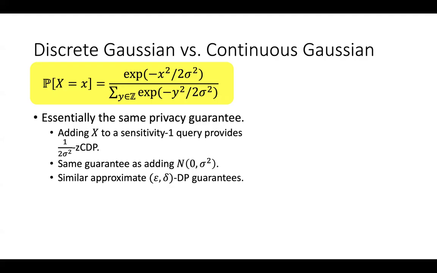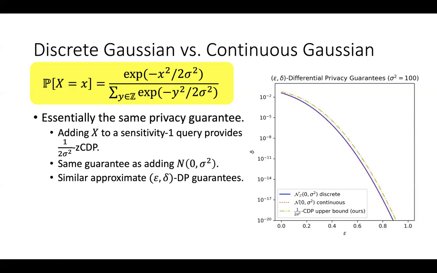To be specific, if you add noise to a sensitivity 1 query, then you're going to get concentrated DP with parameter 1/2 sigma squared. This is for discrete Gaussian, and it's also the same guarantee you'd get for continuous Gaussian. In terms of approximate epsilon-delta DP guarantees, they are very similar, but not quite the same, and I'll show you a plot to illustrate that.